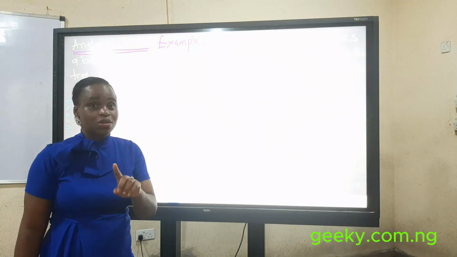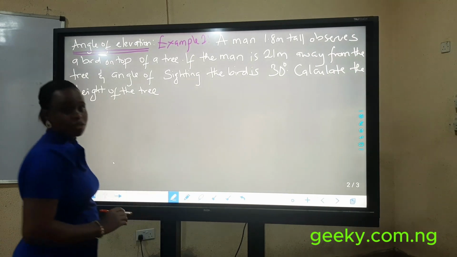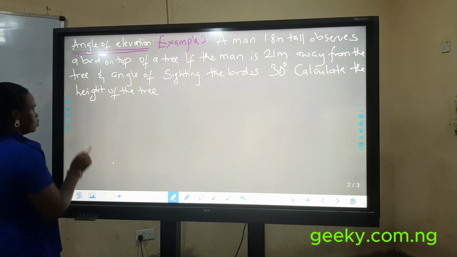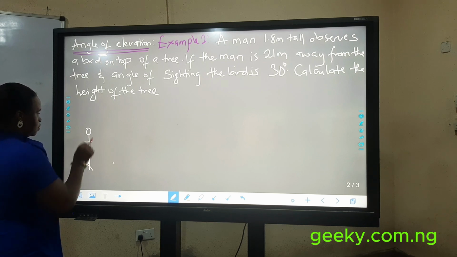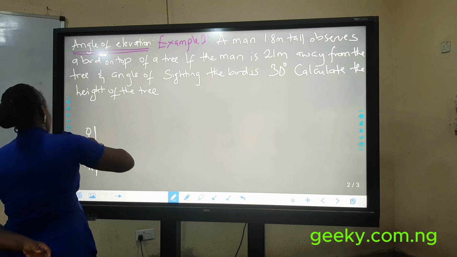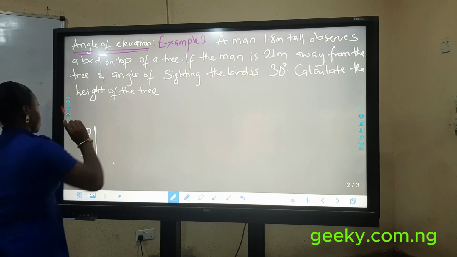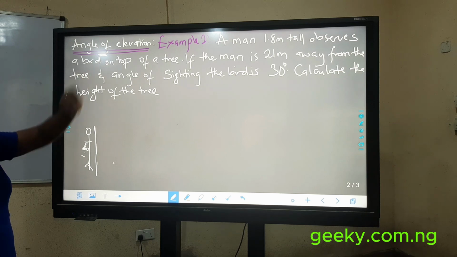The key to any question is understanding first. So we have a man who is 1.8 meters tall. Let's draw our man here. So his height is 1.8 meters. He observes a bird on top of a tree.